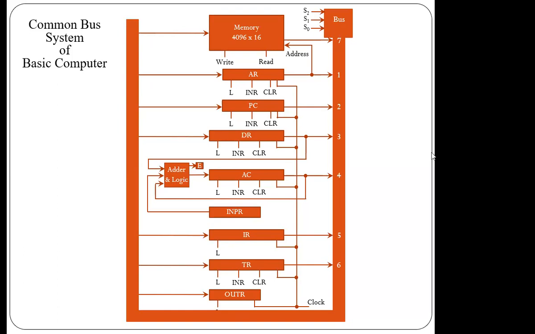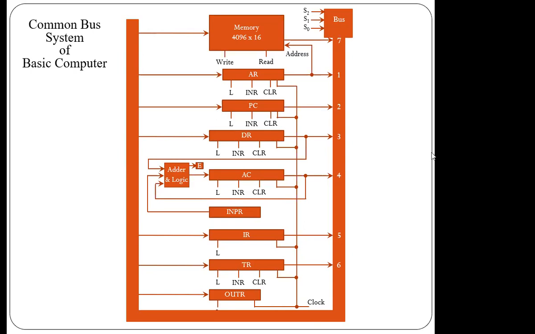Similarly, if PC wants to write something onto the bus, then the number written alongside PC is 2. So how can you write 2? It will be 0, 1, 0. Then the contents of PC instead of AC will be written onto the bus, the common bus, right? So this concept is called writing.